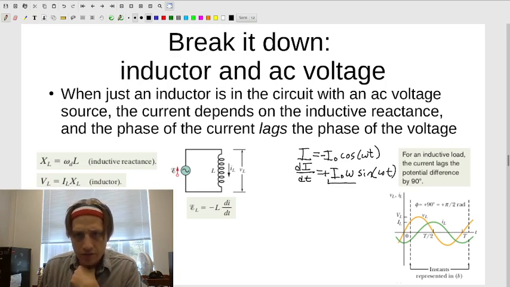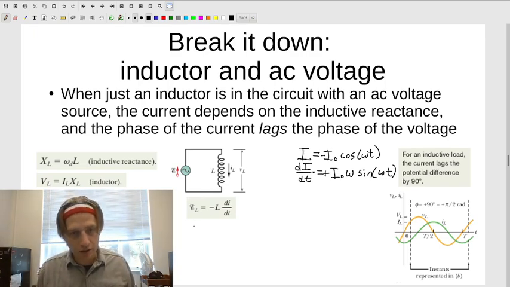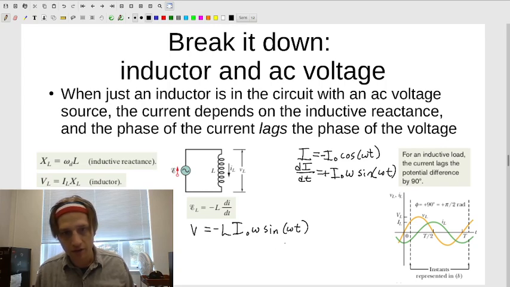Now, what's interesting here is that this is the factor that's going to matter. If I look at the voltage going across my inductor, it's going to be something like minus L I naught omega sine omega t.